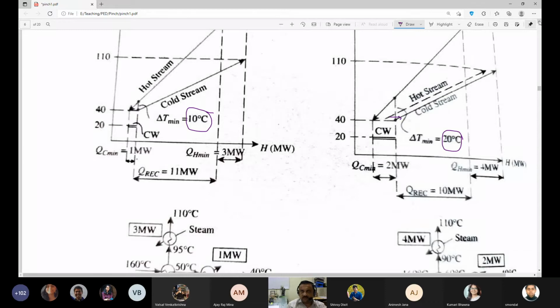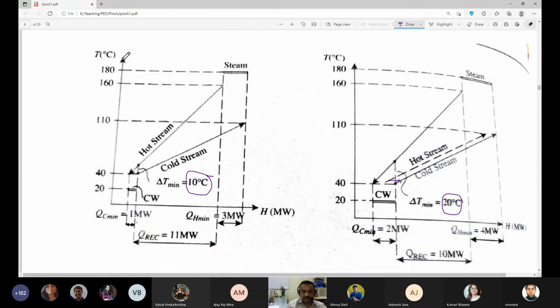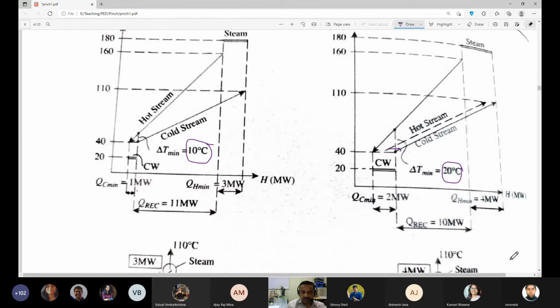So you have to manually place these lines. You have to draw these figures, and then draw these lines maintaining delta T min, with delta T of 20 degrees, and then find out what QH min is in this case.